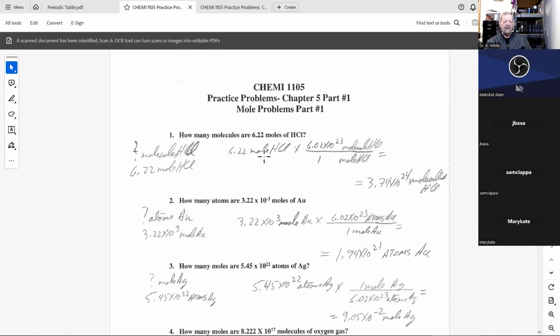What do you want to get rid of? Remember, anything divided by itself becomes the number one and is gone. So if I don't want moles of HCl in my answer, I'll divide it by moles of HCl. And where do you get this ratio? 1 mole of compound to molecules.